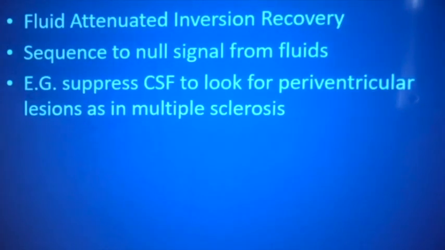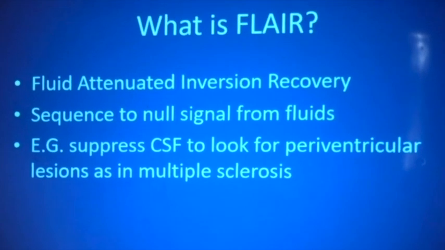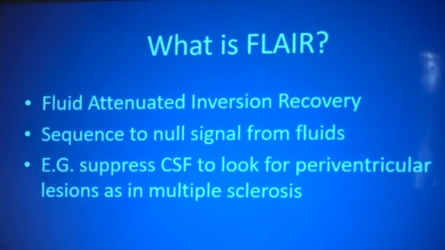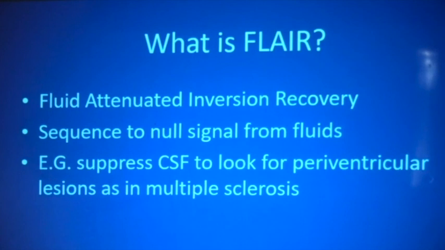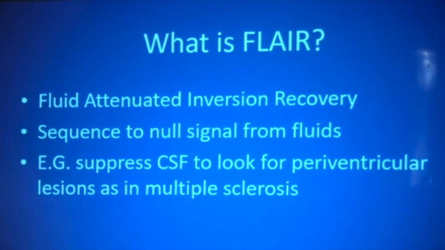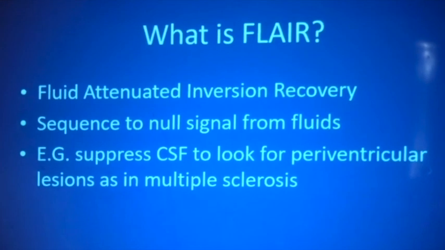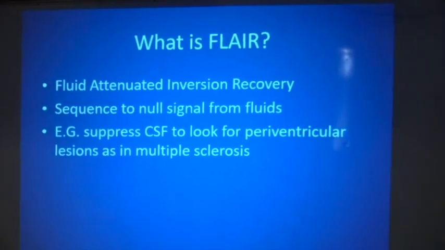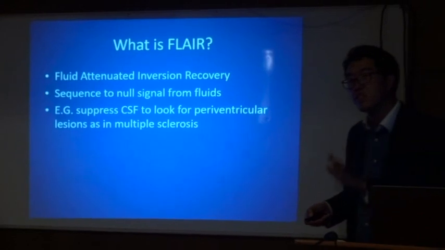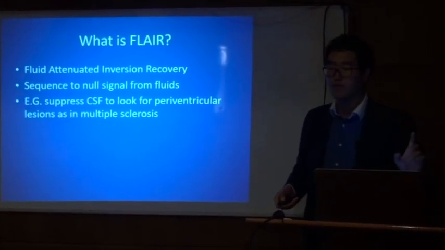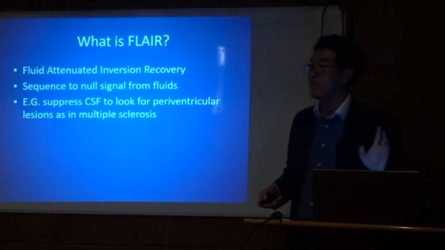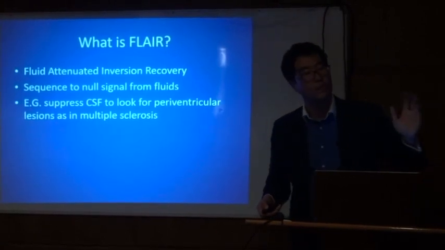What is FLAIR? The FLAIR sequence, which we often get, but no one understands what it is, is fluid attenuated inversion recovery. It is a sequence to null the signal from fluids. For example, we use this typically to suppress the CSF. We make the CSF signal very quiet when we're looking for periventricular lesions in MS. So you have a patient with optic neuritis.